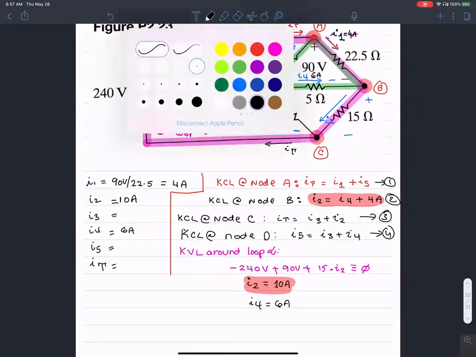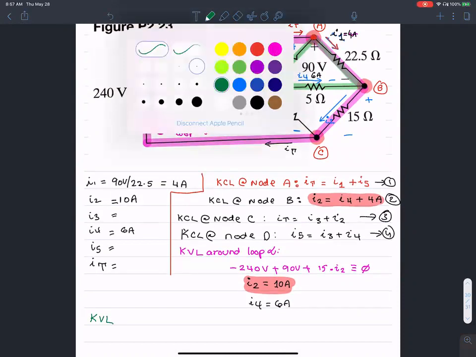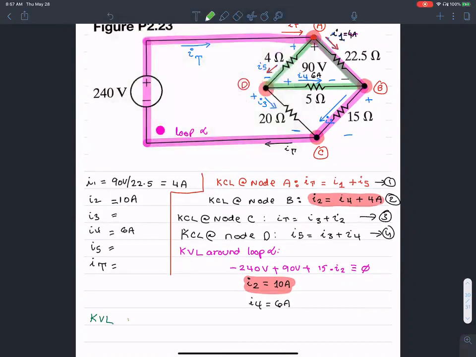So let's do that. Let me color code this KVL around loop beta. I set up more equations than I need, but it's just as well because it gives me good practice.